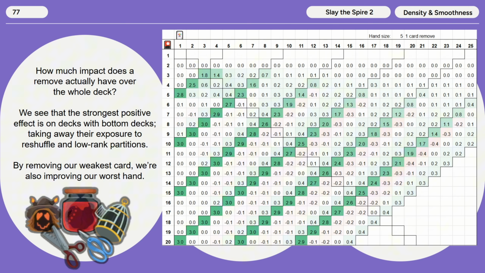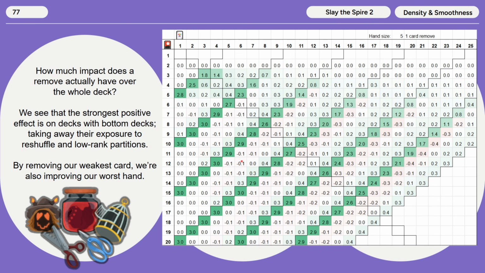And by removing our weakest card, we're actually improving our worst hand, right? So even though when we're adding, the bottom deck effect gives a -2 to our surplus, by removing the worst card and getting back below one cycle, you actually have a +3 there.